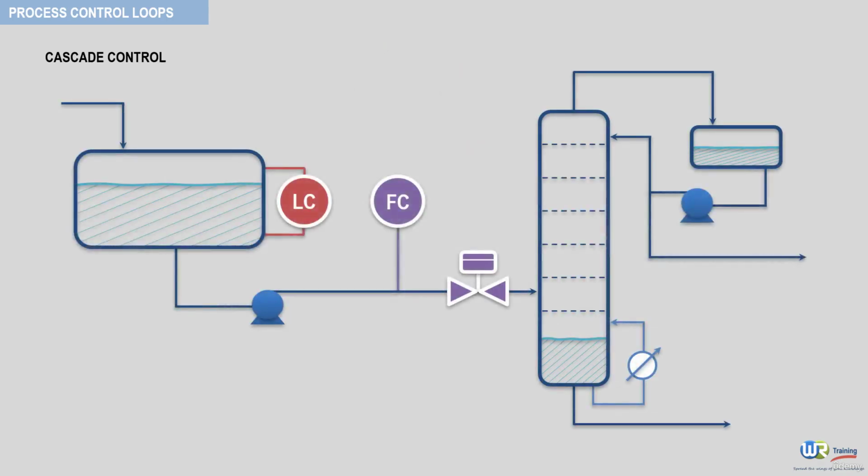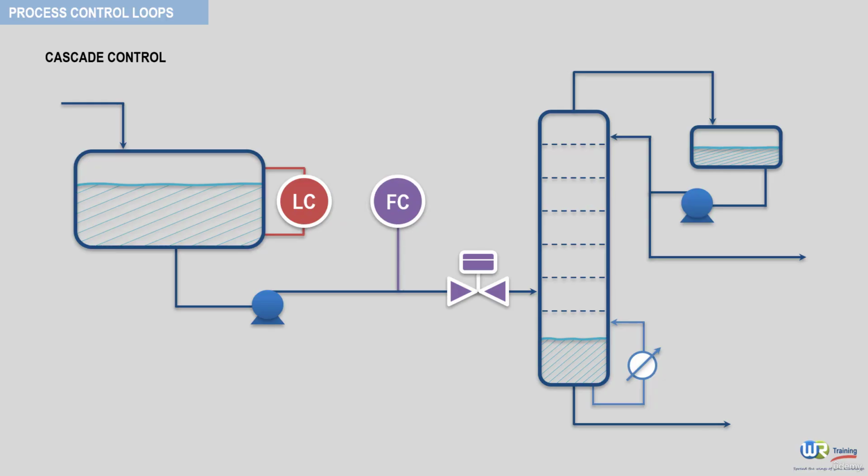This second example shows a typical tank level control upstream of a distilling column, also used extensively in refineries and petrochemical plants. The level controller flow controller cascade also includes two loops, the flow loop or the secondary loop and the level loop or the primary loop.